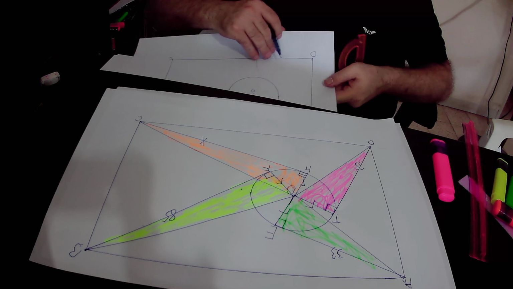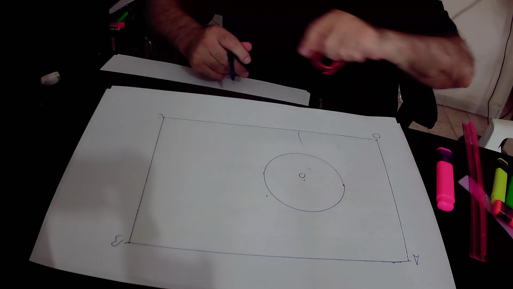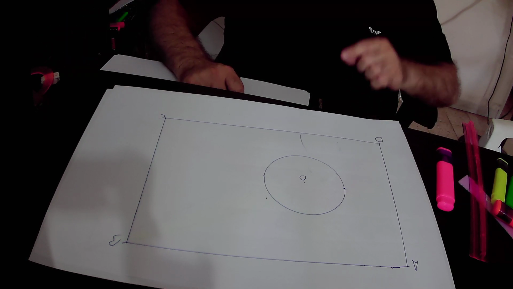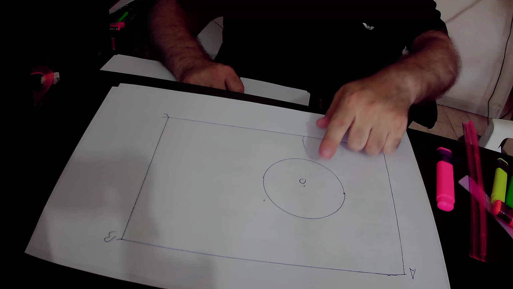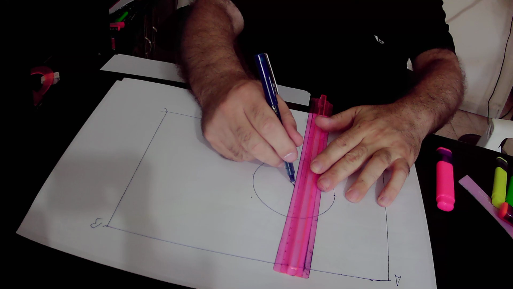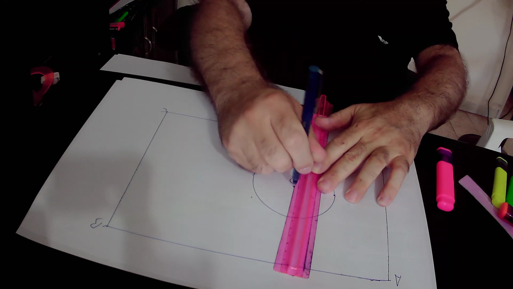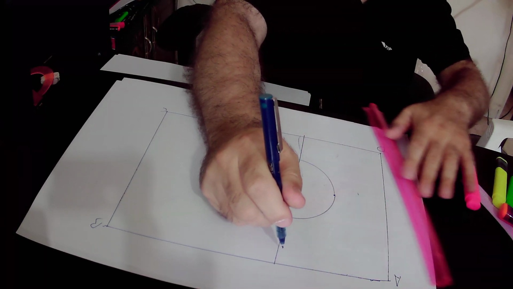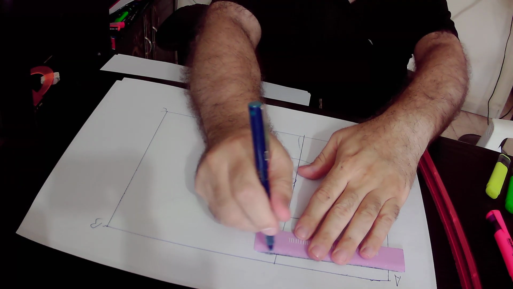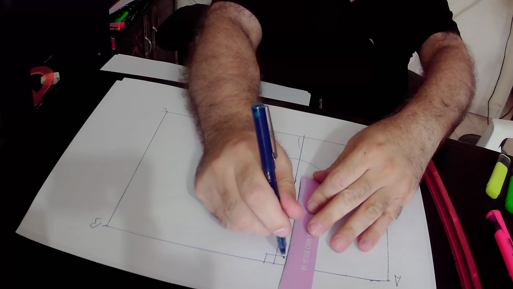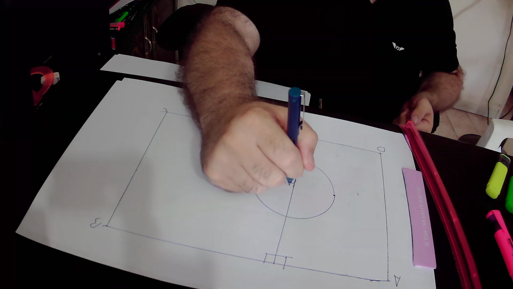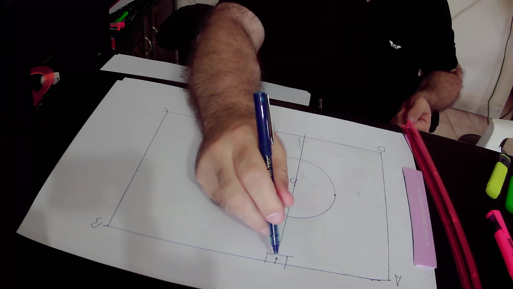So this is rectangle ABCD with its circle, that I copied from the original drawing. In the next step, from the center of the circle, that is point O, we go perpendicular on AB. So this angle equals 90 degrees, and this angle equals 90 degrees according to our construction. We define the touching point of the perpendicular from point O to AB as T.